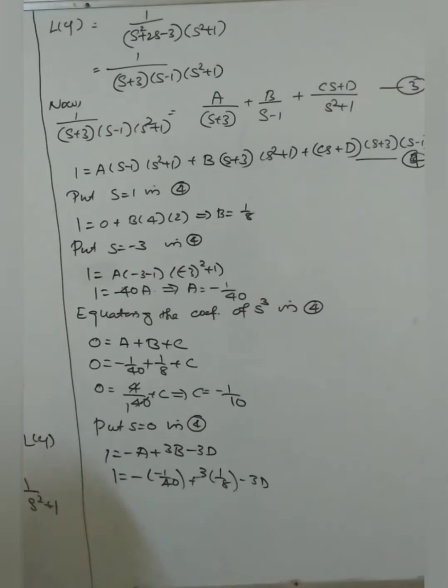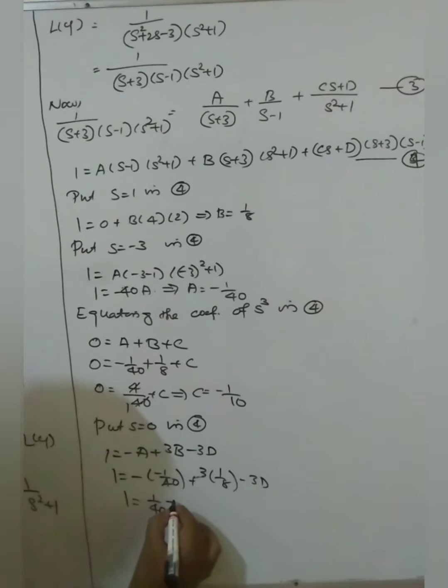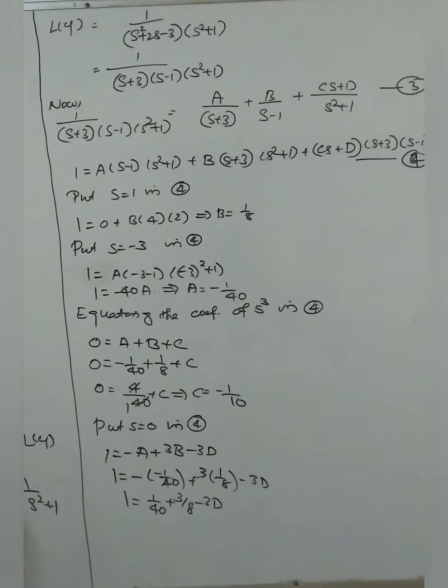So 1 equal to 1 by 40 plus 3 by 8 minus 3d. Taking LCM, here 5 into 3, 15 plus 1, 16. That is 1 equal to 16 by 40 minus 3d. So cancel by 8, that is 2 by 5.